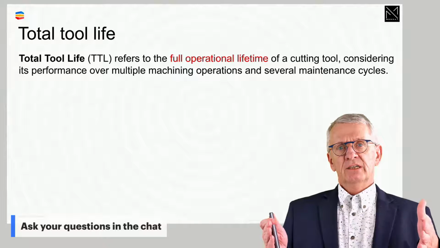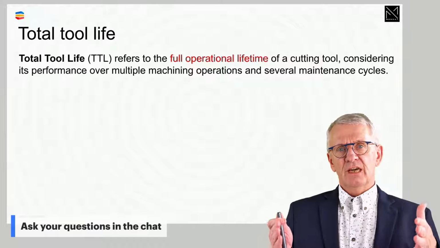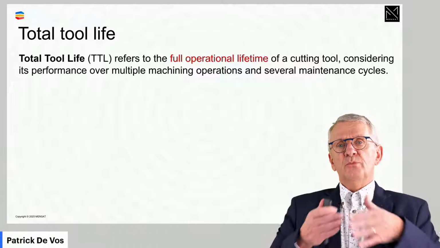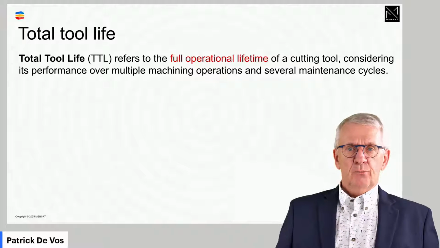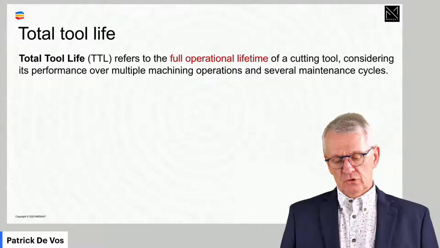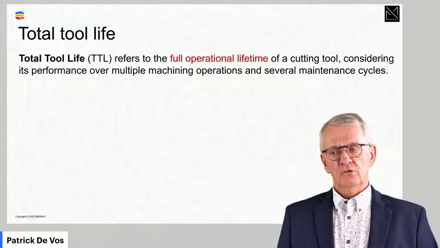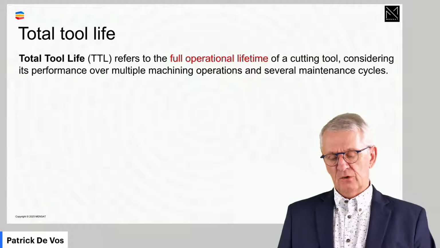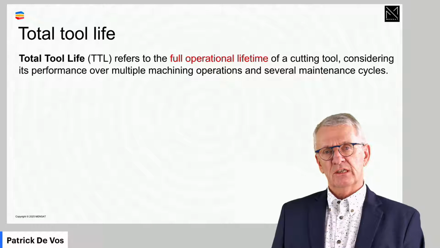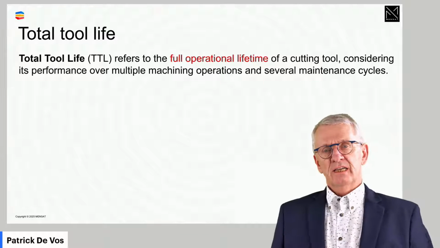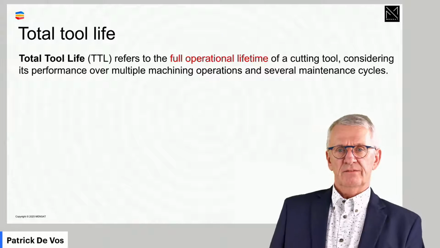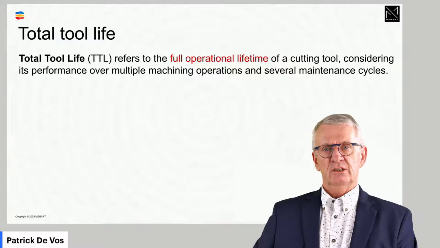Well, that is the full operational lifetime of a cutting tool seen across the different applications you have. So if you use the tool first, let's not make it too difficult, in a steel application to produce 5 workpieces, but then you keep it, and the next is a stainless steel, 3 workpieces, and in the first part you could use it for 5 minutes, and the second it's another 7 minutes, and then you have a third application with it.